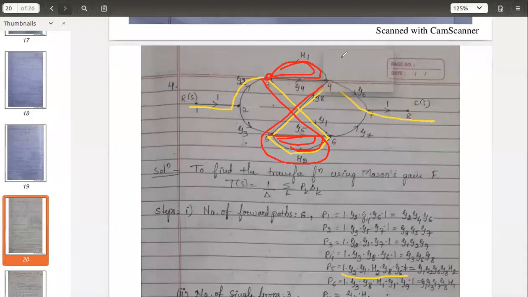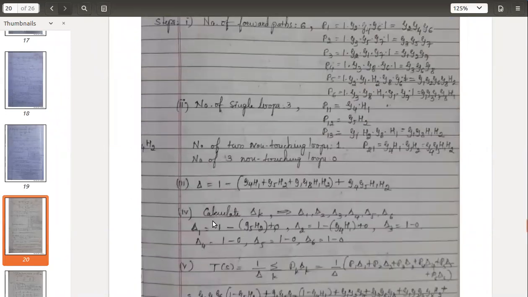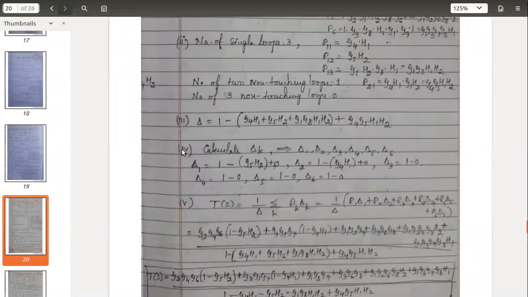Similarly, you can go for all others. And finally, you have to use the formula. Using the formula will be easy because the first 4 steps give you all the necessary things for the formula. So what is the formula? It is 1 by delta, summation Pk into delta k. 6 forward paths are there, so take P1, P2, P3, P4, P5, P6. So you will get a summation with 6 terms. Substitute the terms, and you get the transfer function like this.